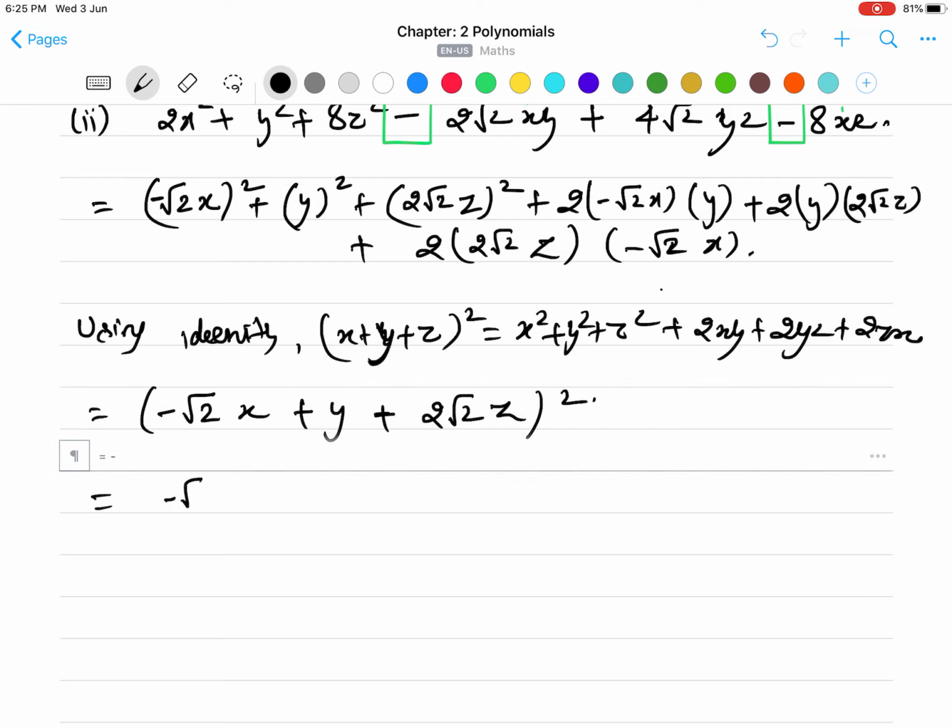Or you can write this as (minus root 2 x plus y plus 2 root 2 z) twice, because you are asked to find its factors, so you will write it 2 times.